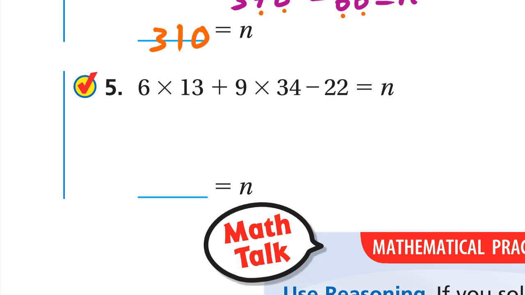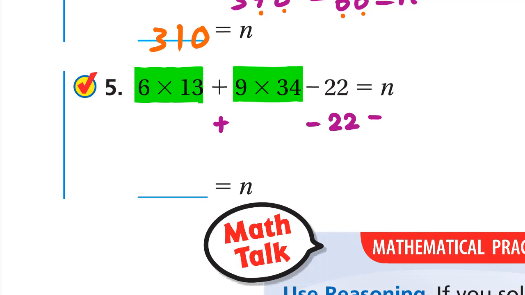So here we have also 6 times 13 plus 9 times 34 minus 22 equals n. So we can leave a space for the 6 times 13 plus a space for the 9 times 34 minus 22 equals n. So 6 times 13, we can do 6 times 3 is 18, so write 8 and 1 up. 6 times 1 is 6, plus 1 is 7.